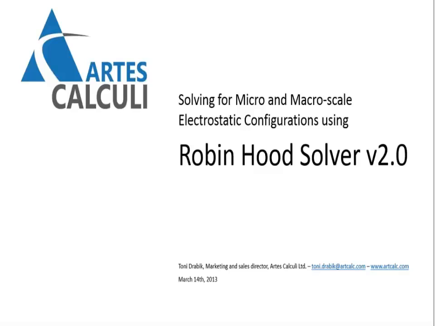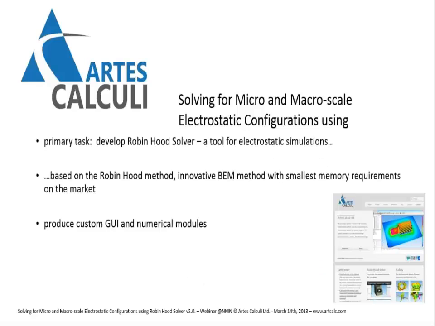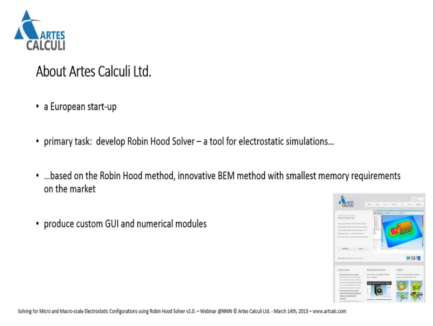At the end of the presentation, our colleague, Mr. Hrvoje, will be joining us, and he will be able to answer some of your more technical questions. So let's start. Our company is a European startup, and our primary task is to develop Robin Hood solver. Robin Hood solver is a tool for electrostatic simulation and modeling, and it is based upon the Robin Hood method.